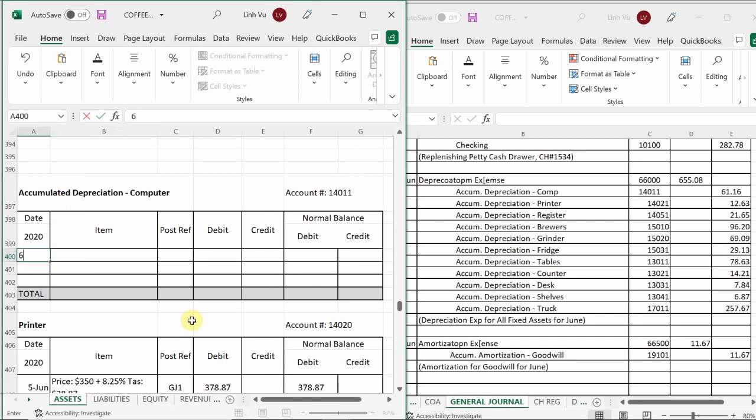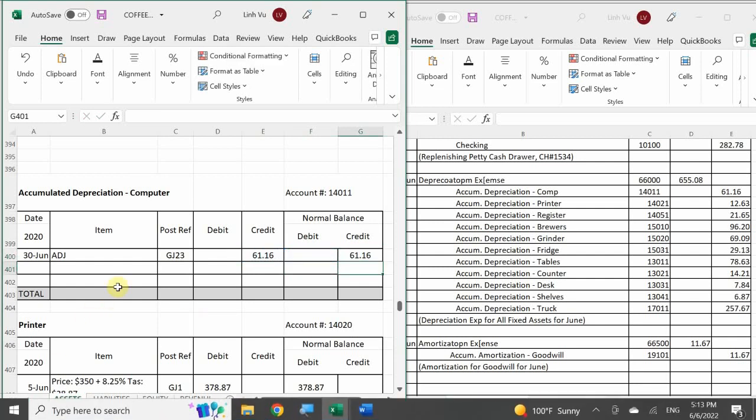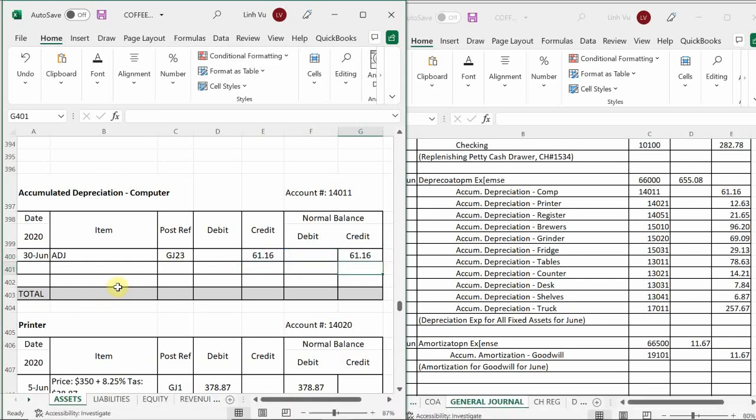Okay, today is the 30th, right? You could just write adjustment entry. It's the 23rd, and how much are we going to be depreciating the computer for? We calculated a total of $61.16. Okay, so that's a credit. So there you go, credit balance of $61.16.